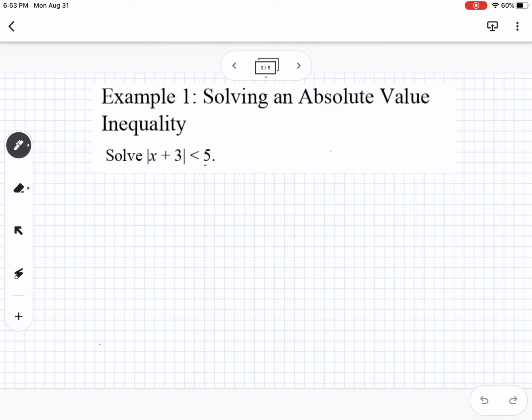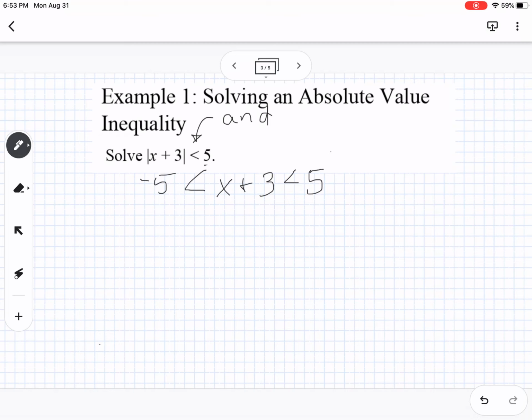So the first example we have is absolute value of x plus 3 is less than 5. So that less than means it's going to be and. So that means that I take the x plus 3 is less than 5 and I make it an and inequality. So a compound inequality, and I put negative 5 over here. Then we solve that.